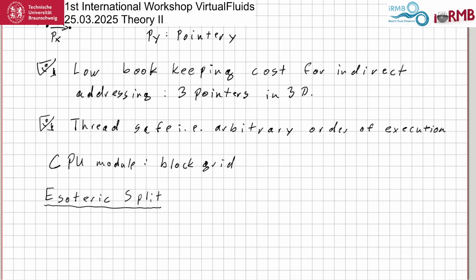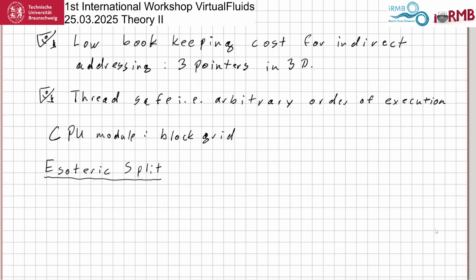And because I don't have the pictures on me now, I will simplify this a little bit. We are not using either a strict array of structure or structure of array configuration, but we do it a little bit differently.